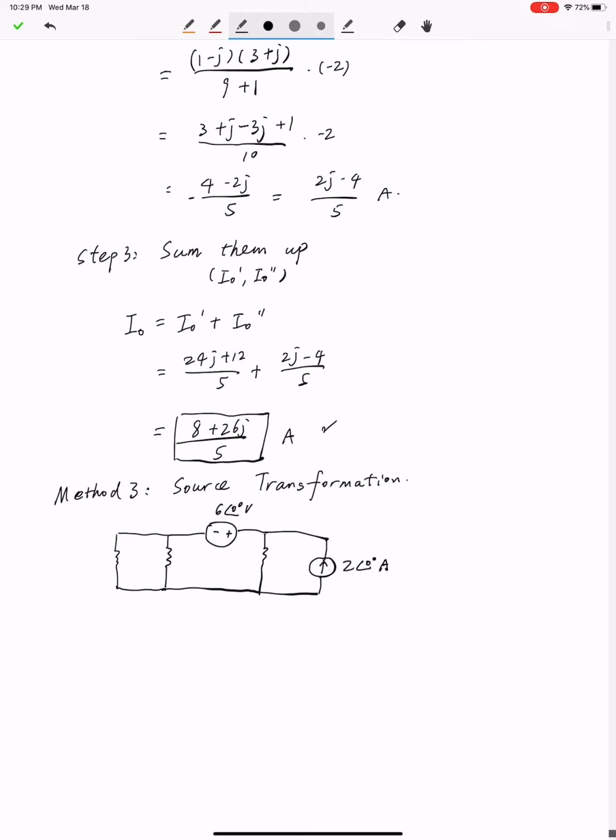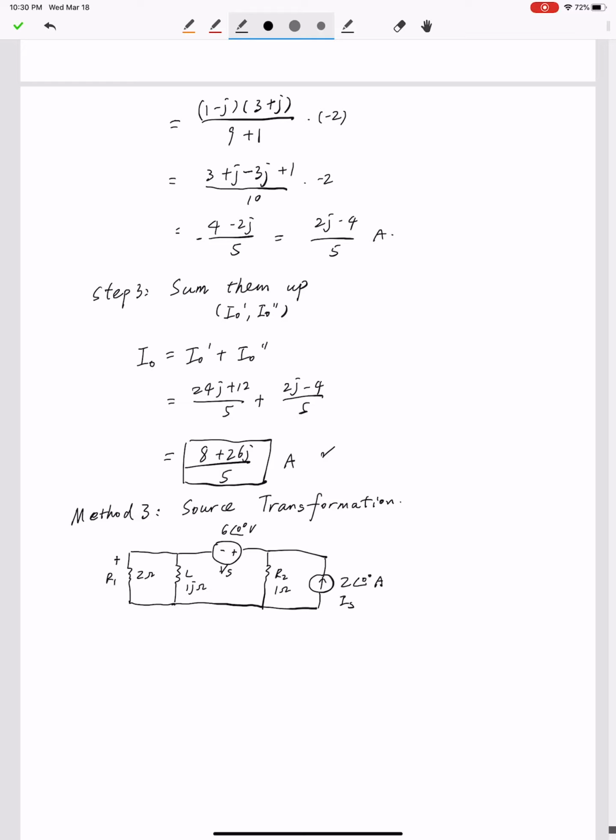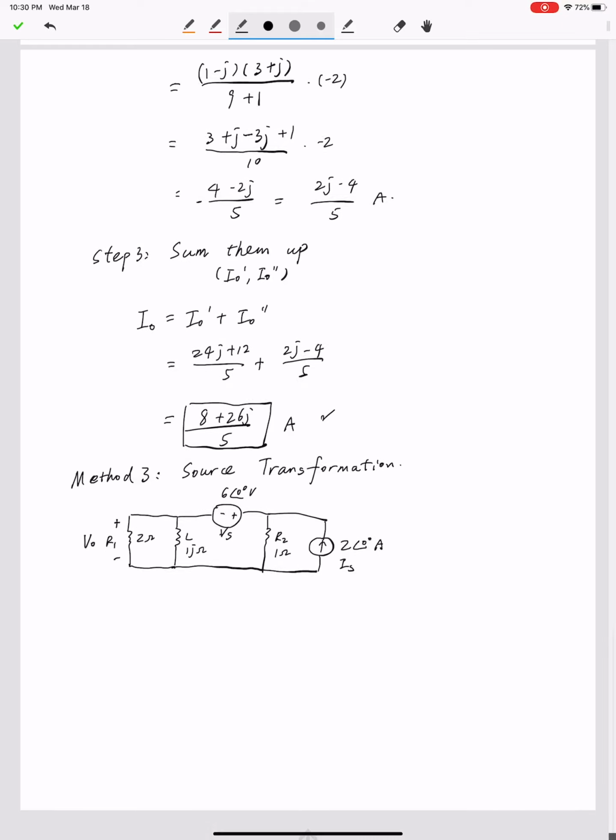In this circuit we have a voltage source Vs and a current source Is. Vs is 6 at 0 degrees volt, Is is 2 at 0 degrees amp. We have one resistor R1, 2 ohms, one inductor, 1j ohms, and a second resistor, 1 ohm. The question is, what's the voltage across the first resistor, named V naught? We want to find the value for V naught.